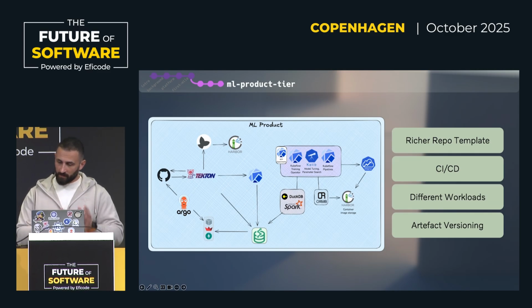By providing a common structure and rigorous CI, we ensure that everyone from first commit to production follows a consistent, reliable, and tested path. And that's precisely what this tier delivers. It delivers a unified automated framework to let teams move faster and focus on building value instead of wrestling with infrastructure.